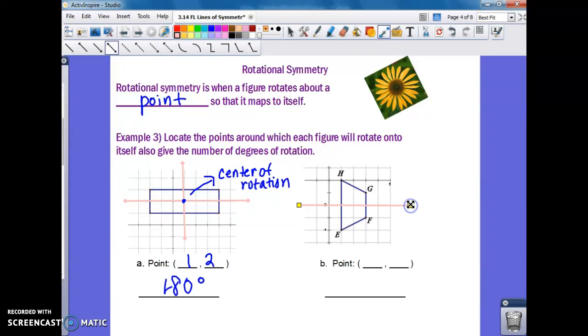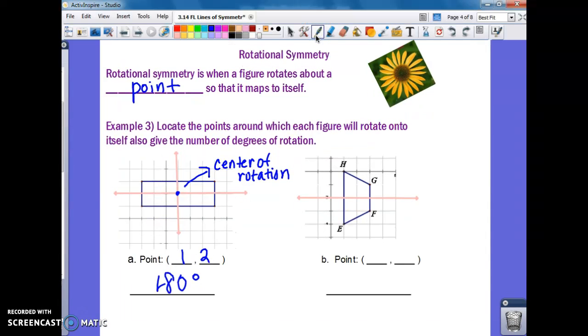There's our line of symmetry. The center of this point in the middle would be at 2, -2. But there's no way except to rotate it all the way around 360 that would give us a measure of rotation. So 180 and none.